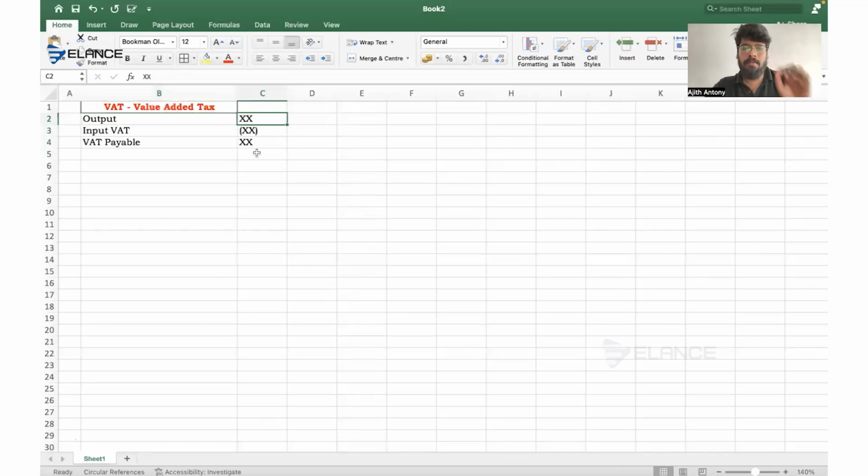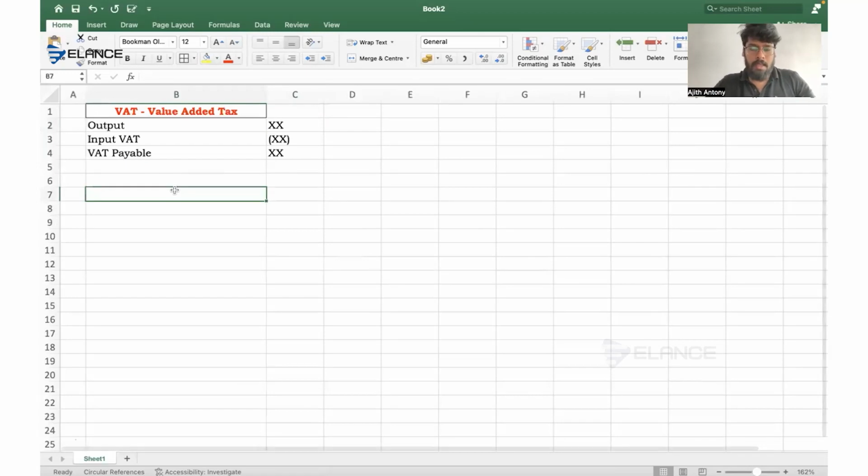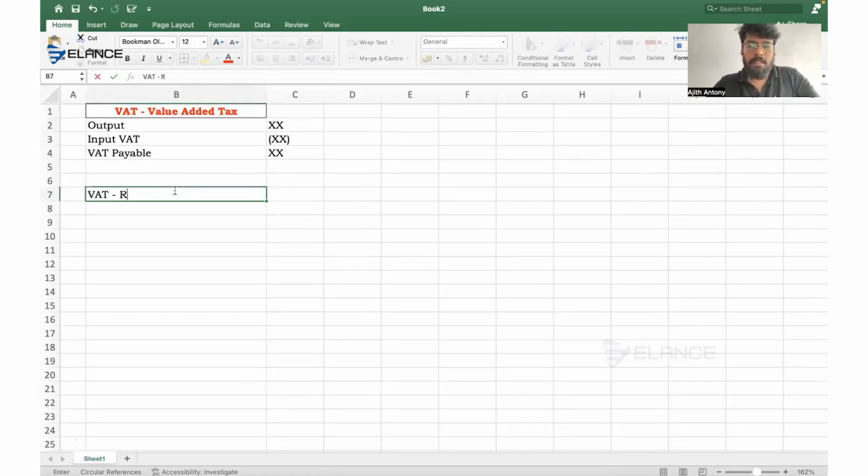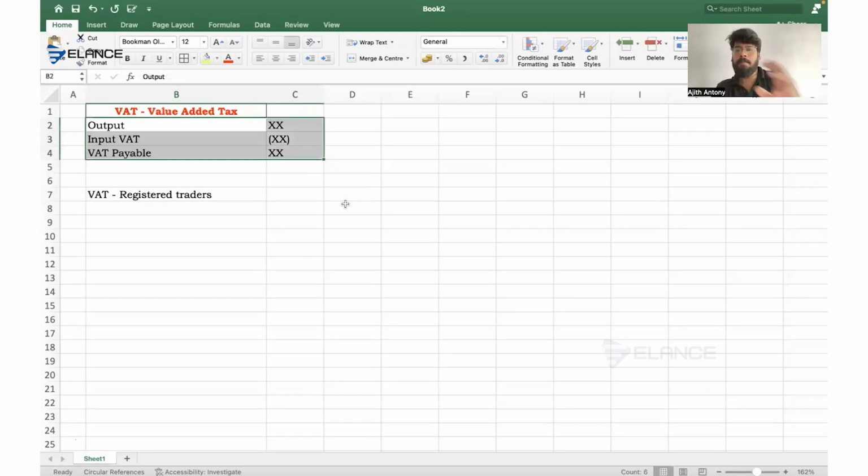So only VAT registered traders can collect the output VAT from the customers, and only VAT registered traders can reclaim the input VAT also. All these computations are applicable to VAT registered traders.